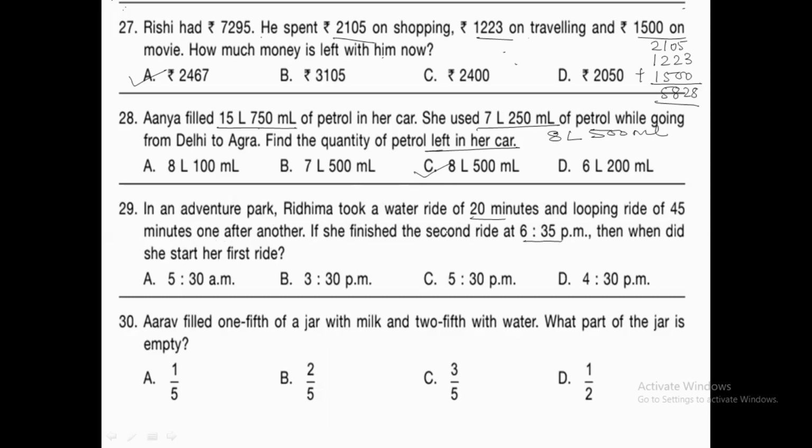So let's check. Okay, now it is 6:35. So first, if we are going in a jumping method, it is 6:35. Now, 45 minutes before 6:35, we are not going like this. We will split this 45 into 35 and 10, because 35 is here.